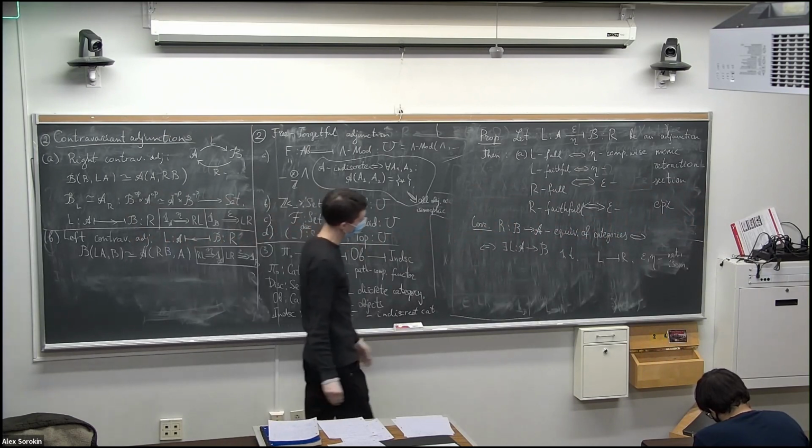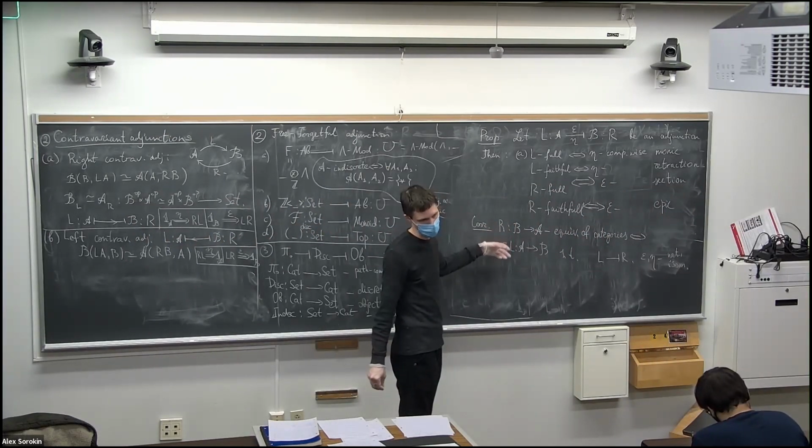So our functor R is an adjoint isomorphism in this case, people say.